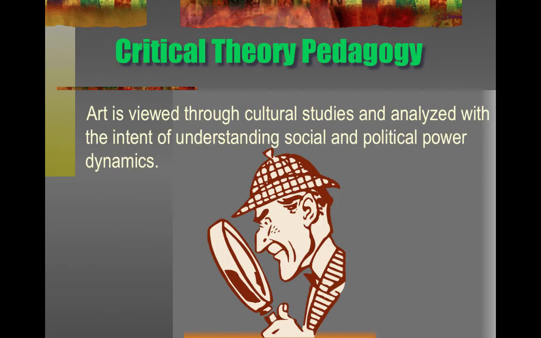Critical theory pedagogy. Art is viewed through cultural studies and analyzed with the intent of understanding social and political power dynamics. So we can look at an image just for art history. They don't really look at it from a socio-political direction and say that there's power dynamics to it. There is, historically, yes, those situations are there.